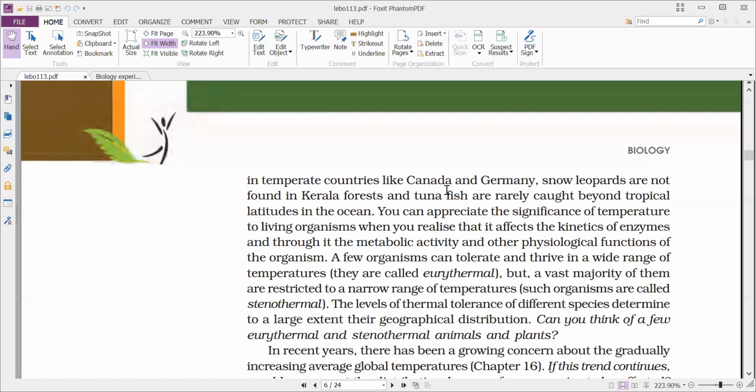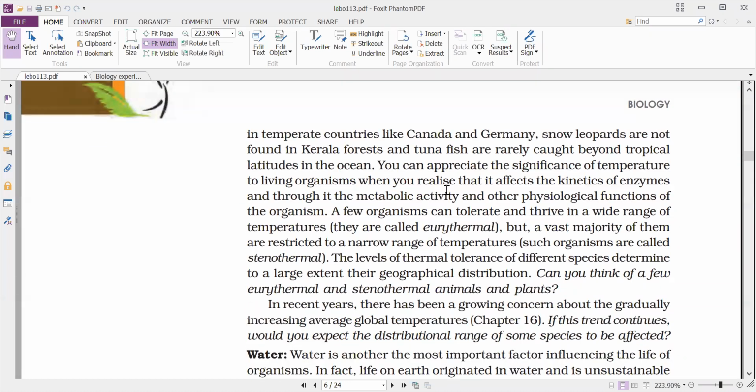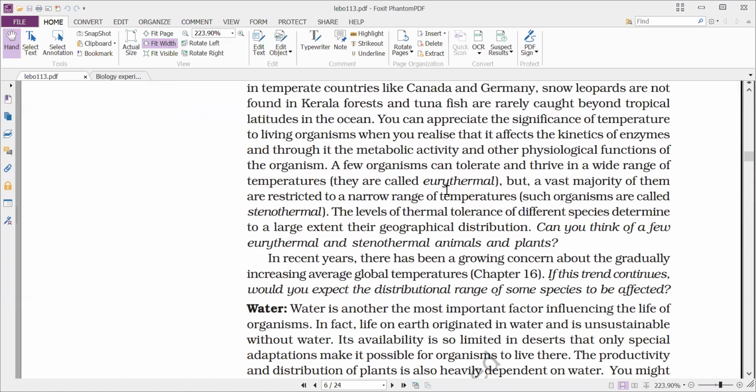Okay, and next, why is temperature playing a very important role? You can appreciate the significance of temperature to living organisms when you realize that it affects the kinetics of enzymes and through it the metabolic activity and other physiological functions of the organism.